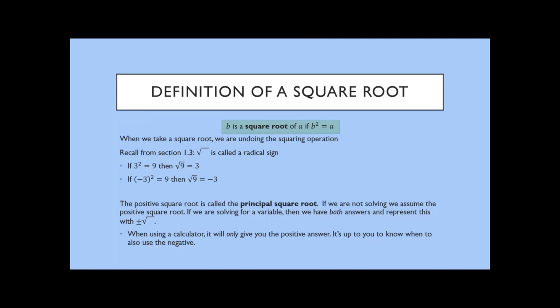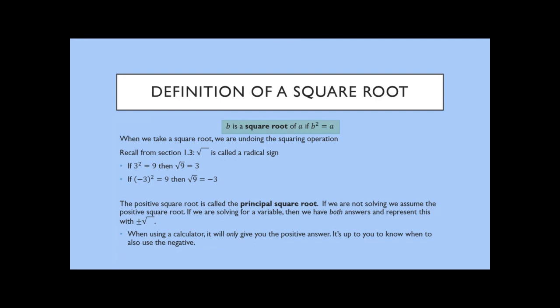So when you get to solving, you do have a positive and a negative, and we represent that by putting a symbol in front of the square root called a plus or minus symbol. It's just a plus and a minus on top of each other. So when you go on to solve with the quadratic formula, that's why that plus or minus is there, because you could have the positive version or the negative version.